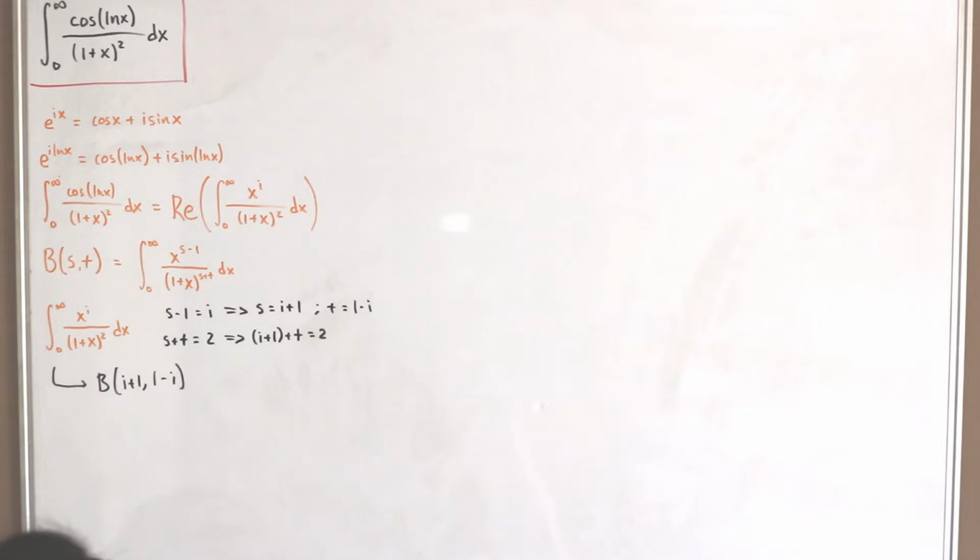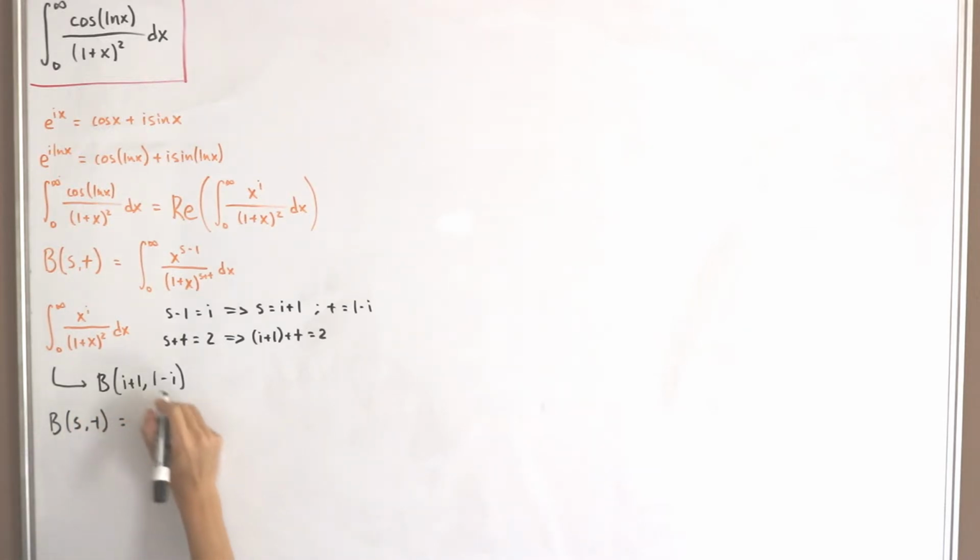But also recall that another way to write the beta function is in terms of gamma functions. So we know that beta of s comma t, if we write this in terms of gamma function, is also defined as gamma of s multiplied by gamma of t, divided by gamma of s plus t.